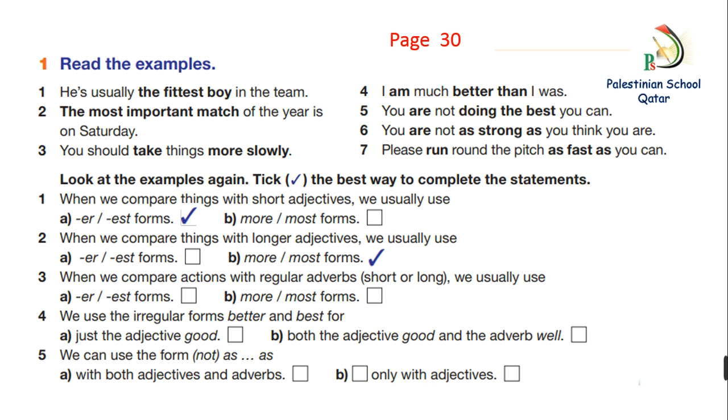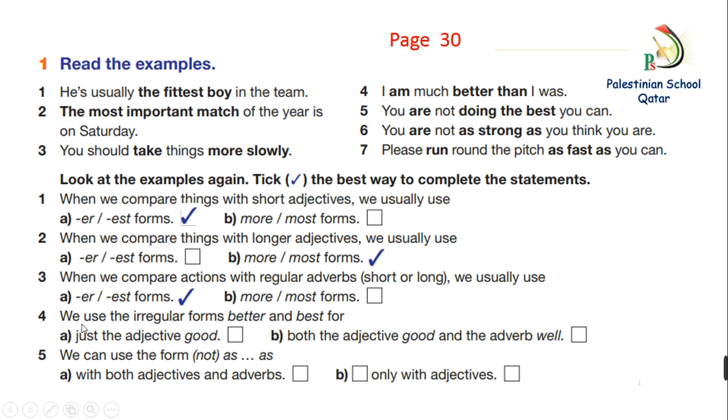So when you put ly, it becomes another syllable, so we put more, most. Number 3, when we compare actions with regular adverbs, short or long, okay, 1 syllable, so we usually use it with er, est.